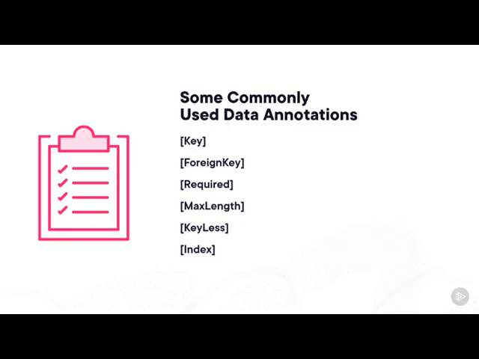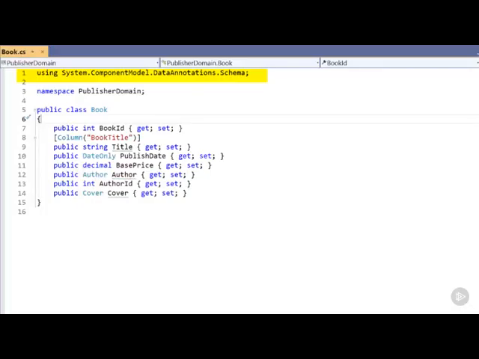Entity Framework took advantage of the existing ones, then added a few more and used them for building the data model. In fact, data annotations exist within the System.ComponentModel.DataAnnotations namespace, and then those that are specific to EF Core are in a sub-namespace of that called Schema. That means you don't have to add EF Core into your project just to support the annotations.